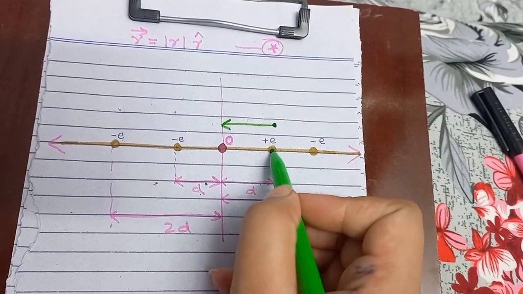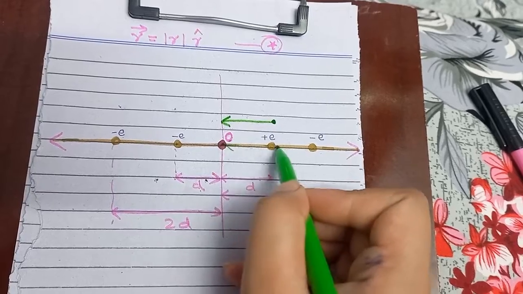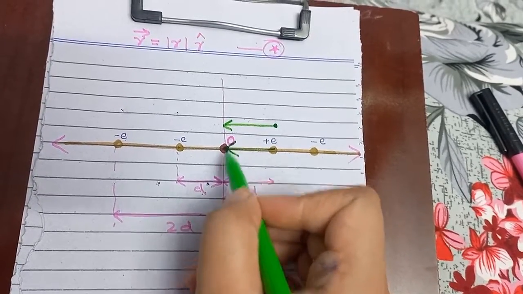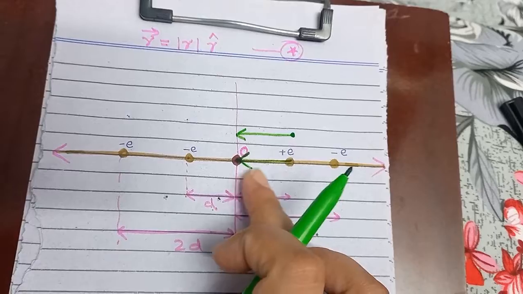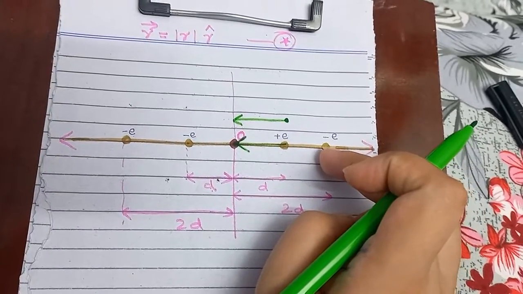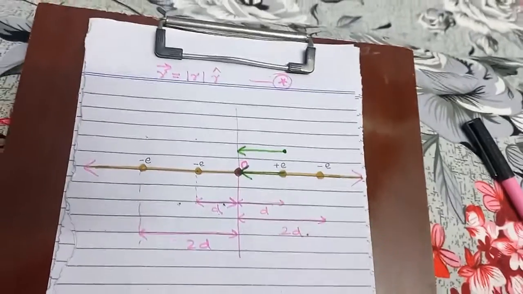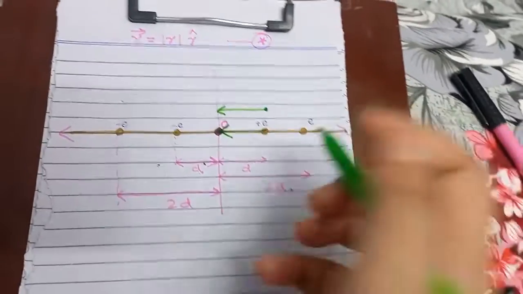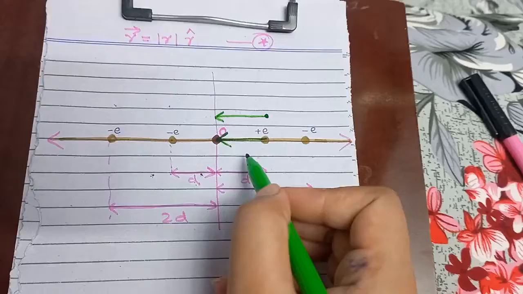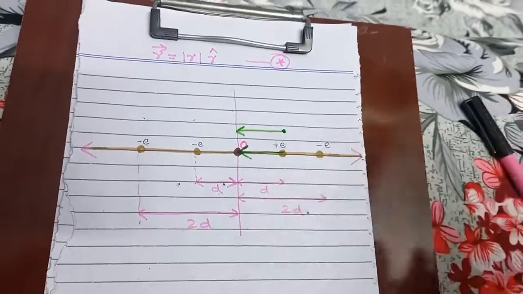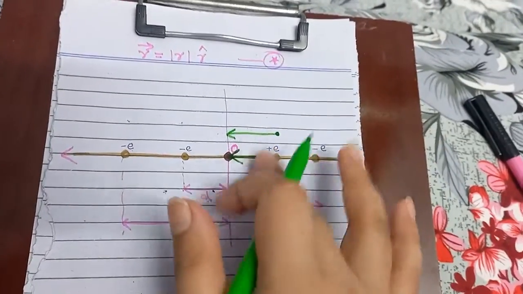Otherwise the force is actually along this axis line. If I draw the vector for this one, it will be merged and you will not actually see it, but actually the vector is here. I hope you got my point.